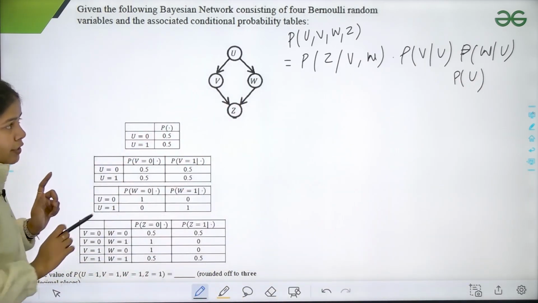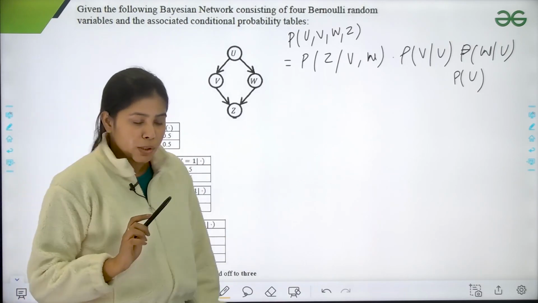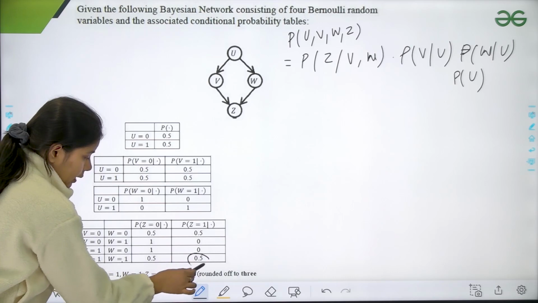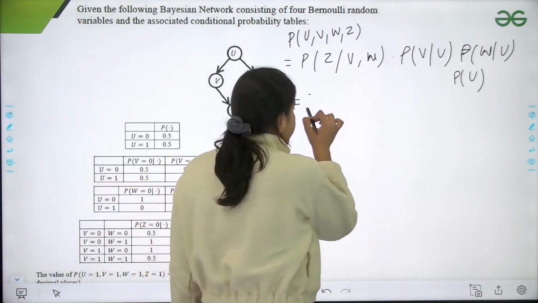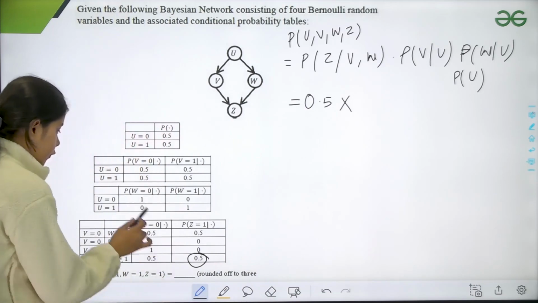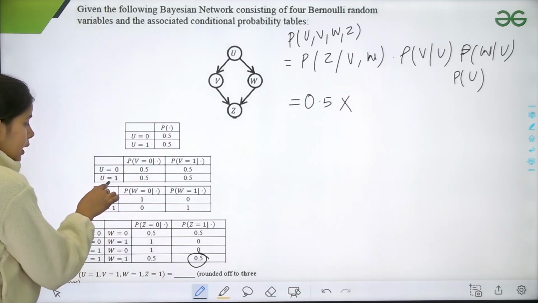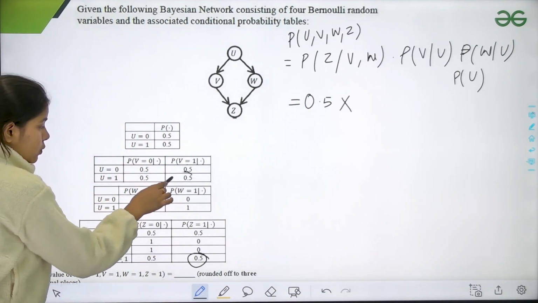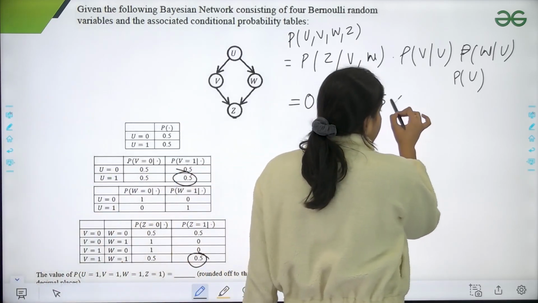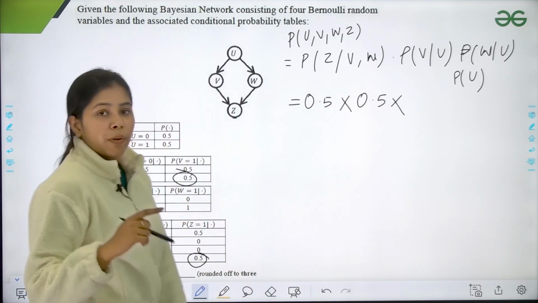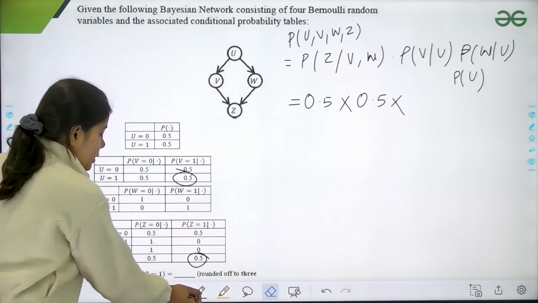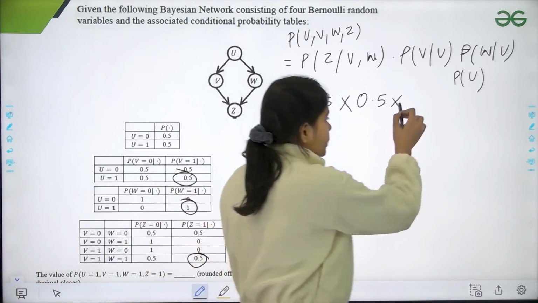Probability of Z equals 1 when V is 1, W is 1, that is 0.5. Let me write down 0.5 here. Now probability of V given U: probability of V equals 1 when U equals 1 is 0.5. Probability of W given U: probability of W equals 1 when U equals 1 is given as 1.